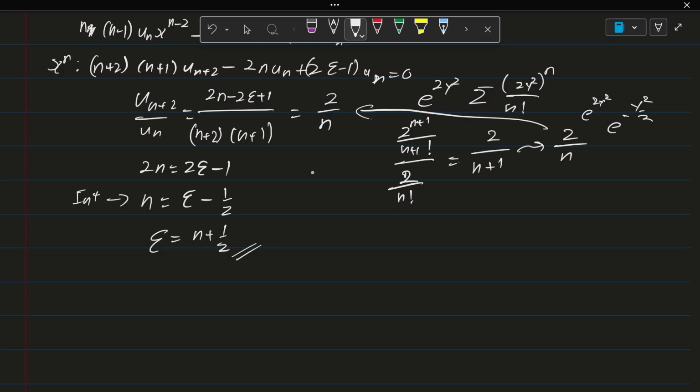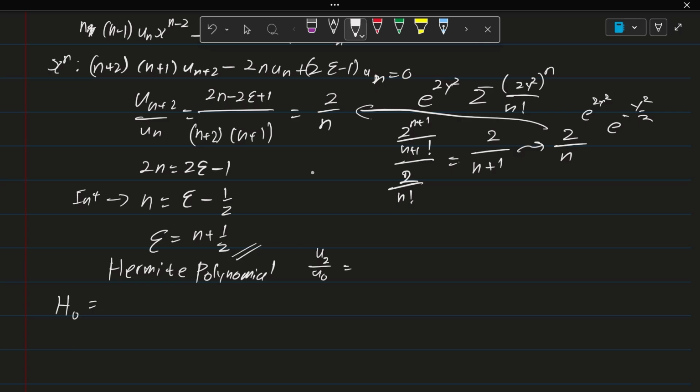So if you add this condition straight away, you could solve for something which you call the Hermite polynomials. And I will just solve 4 of these. So let's start with the very first one, h0. For h0, you could just get it straight away just by looking at the ratio. u2 over u0 would equal, the epsilon would be 1/2, right?